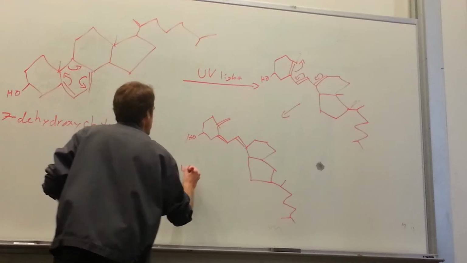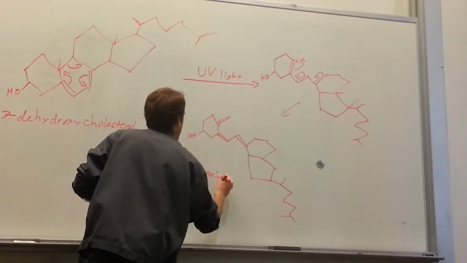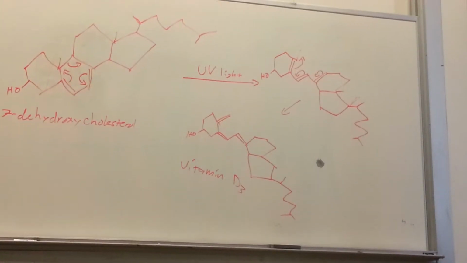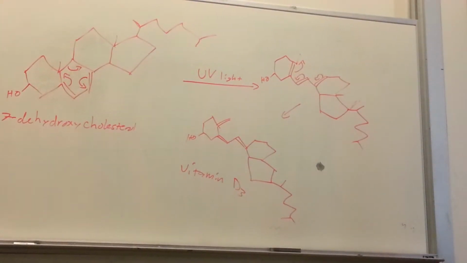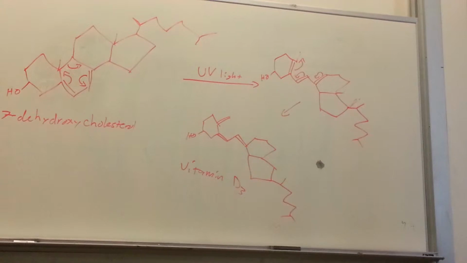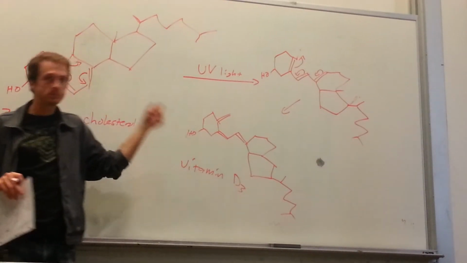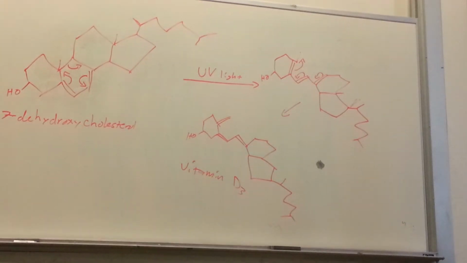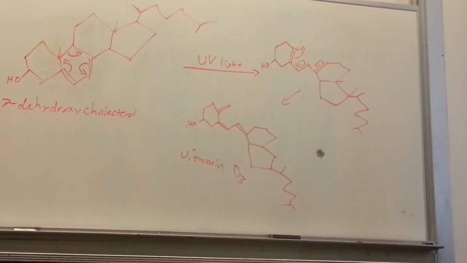Okay, this is vitamin D3. It's not done yet. There's other things that are going to happen to it that we won't go over. This is what's in all our milk. Right? Because we need it for a variety of things.